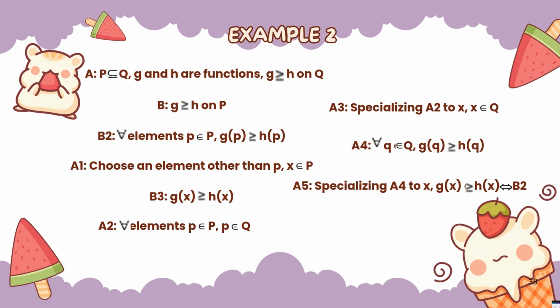A1, choose an element x in P. For all elements x in P, x is in Q. A3, specializing A2 to x, x is an element of Q. For all x in Q, g(x) is greater than or equal to h(x). And lastly, specializing A4 to x, g(x) is greater than or equal to h(x), which is equal to B2.